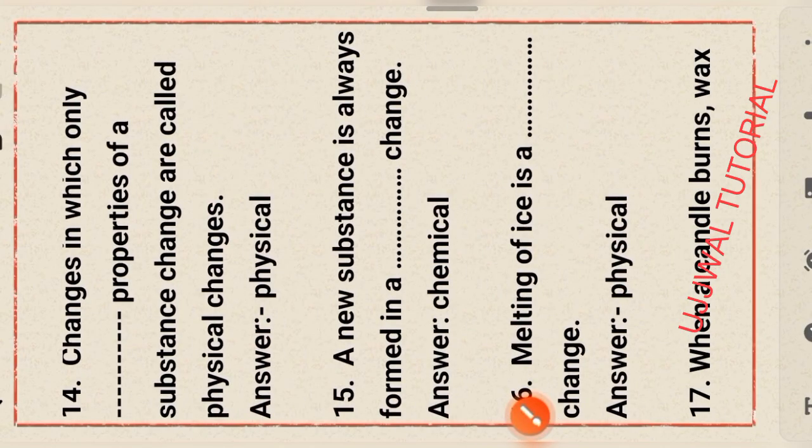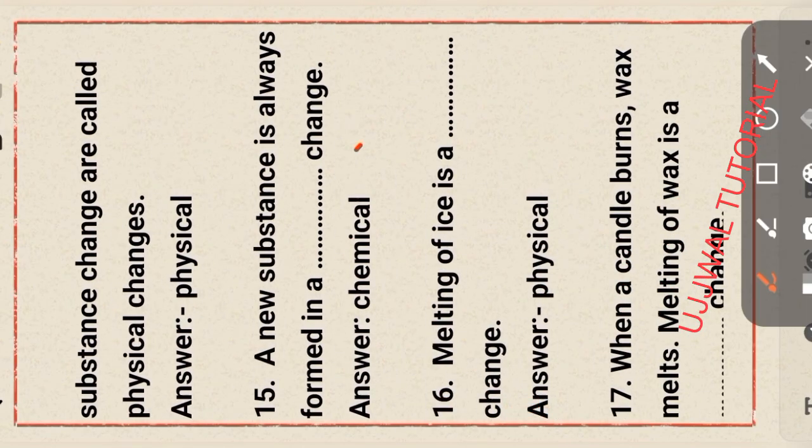Next question, a new substance is always formed in a chemical change. That is, the composition changes in the formation of the product, so it is a chemical change.